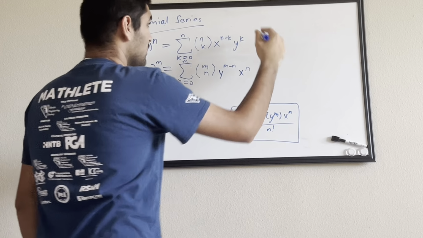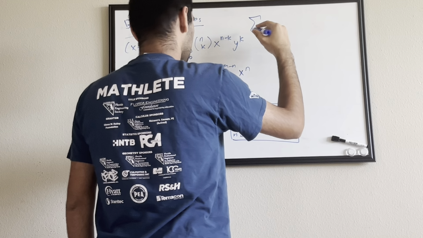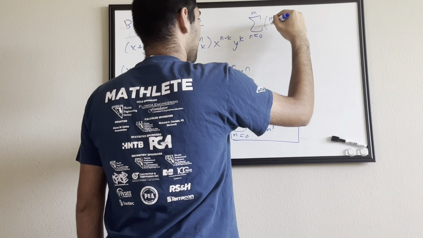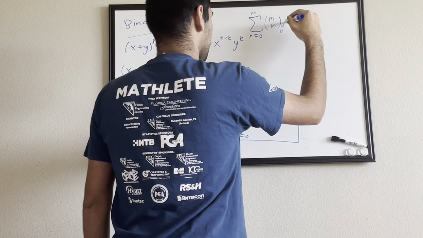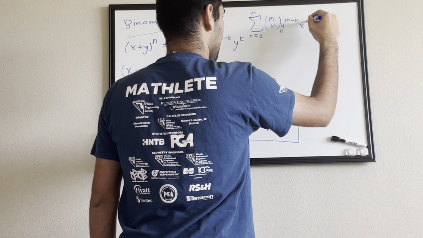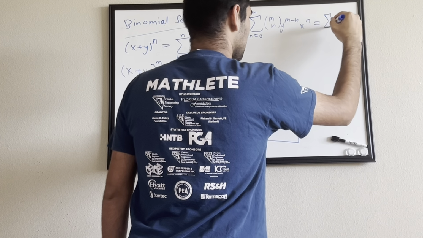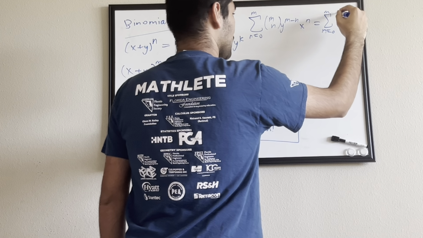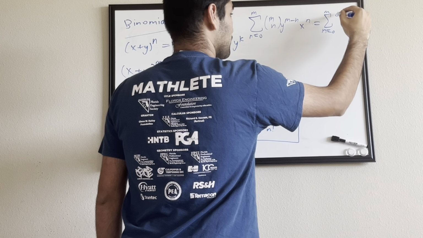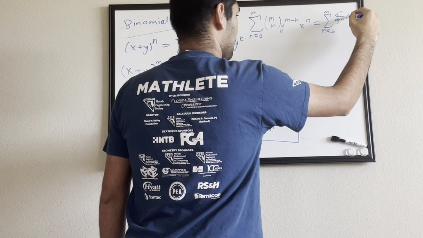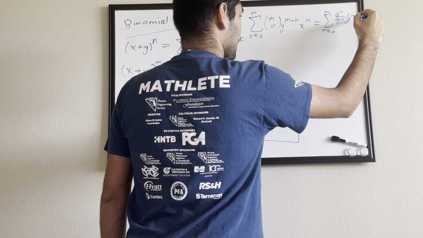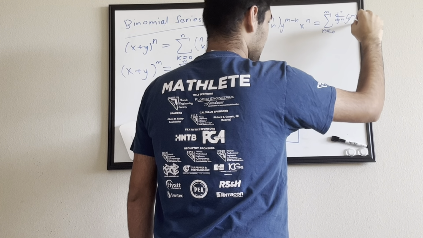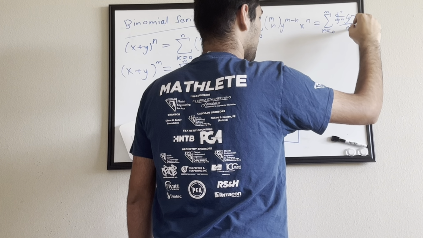So we can just equate the series. The sum as n goes from 0 to m of m choose n, y to the m minus n, x to the n is equal to the sum as n goes from 0 to m of the nth derivative with respect to y of y to the m, x to the n over n factorial.